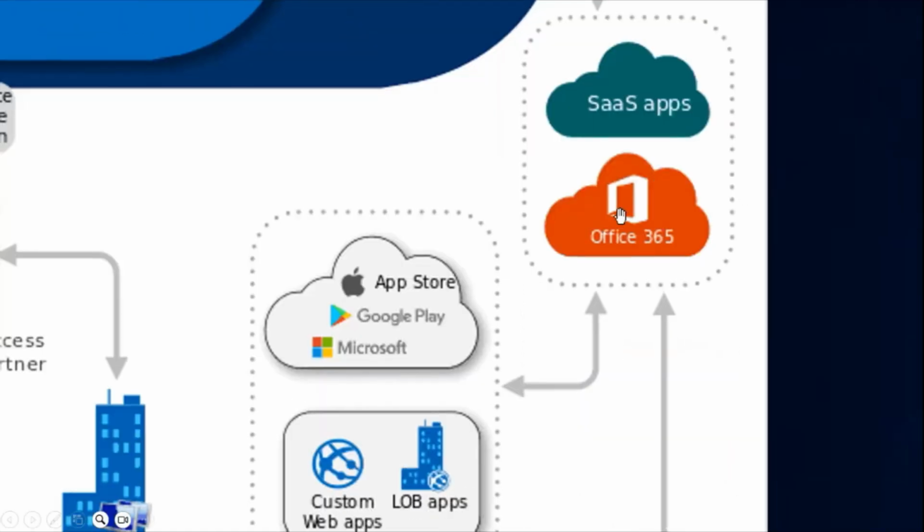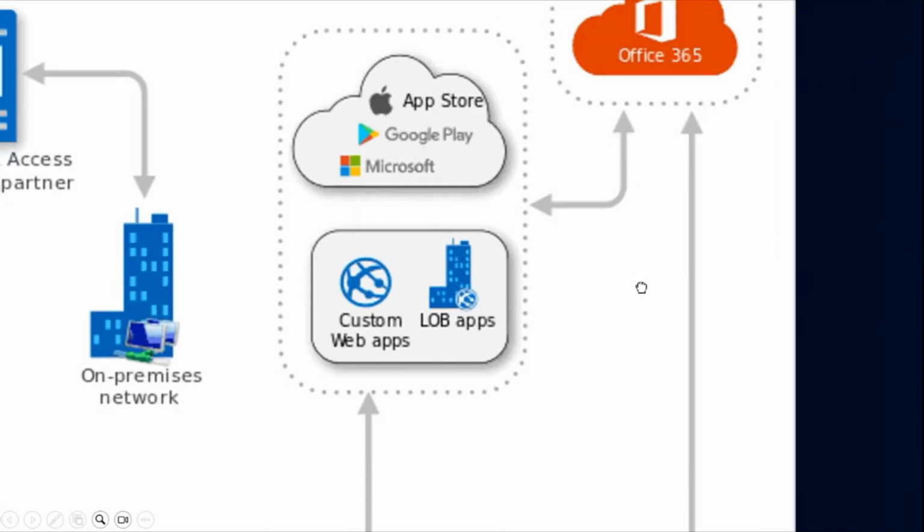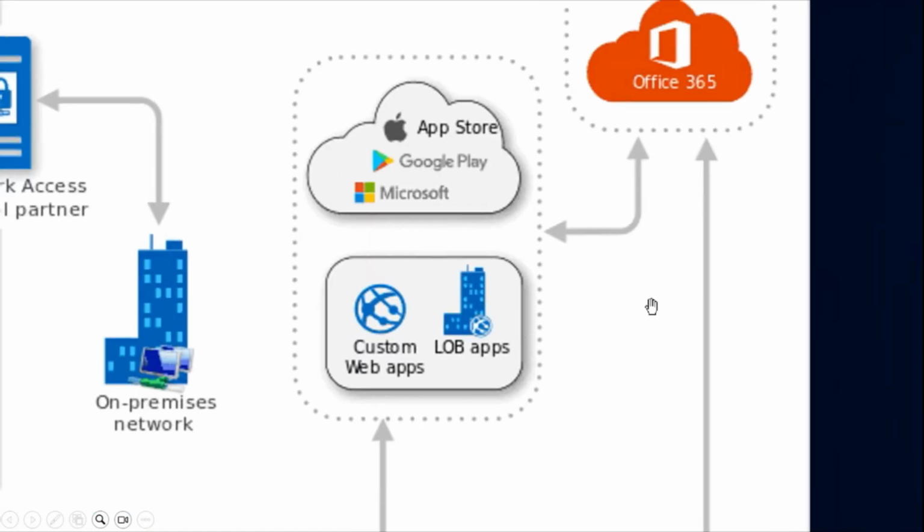And Microsoft 365, again coming from Microsoft, also gives you an integration. Using that, you can have your Outlook, Office, Excel, Teams, and all sorts of things. You can do it from here.